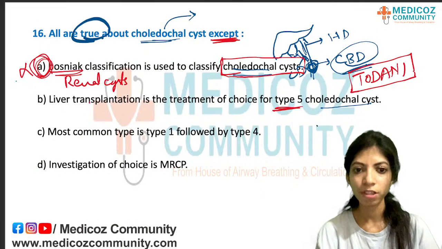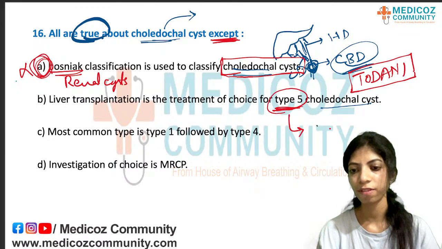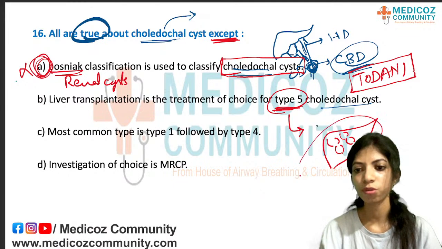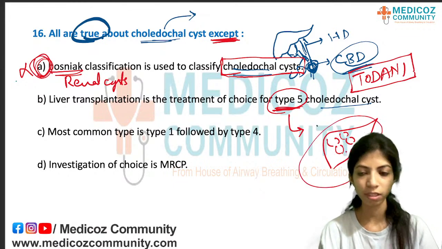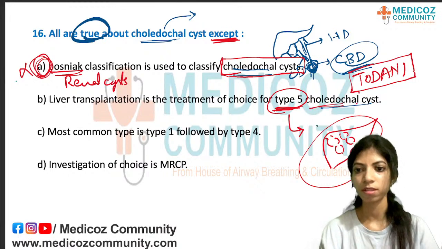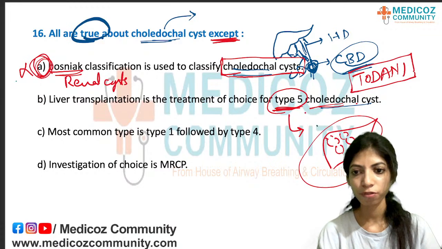What did he give? Liver transplantation is the treatment of choice for type 5 choledochal cysts. What is a type 5? Type 5 is nothing but only intrahepatic dilatations. So what do we need to do? We have to transplant this liver so that you can remove all these cysts. So liver transplantation is the treatment of choice for type 5.